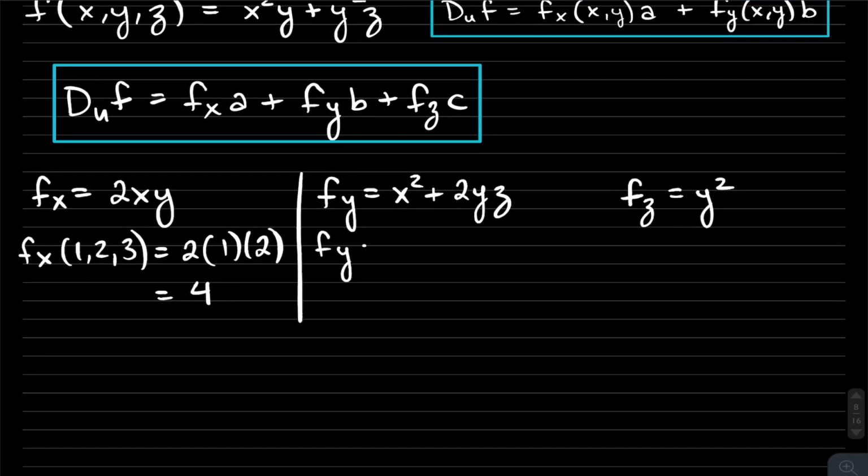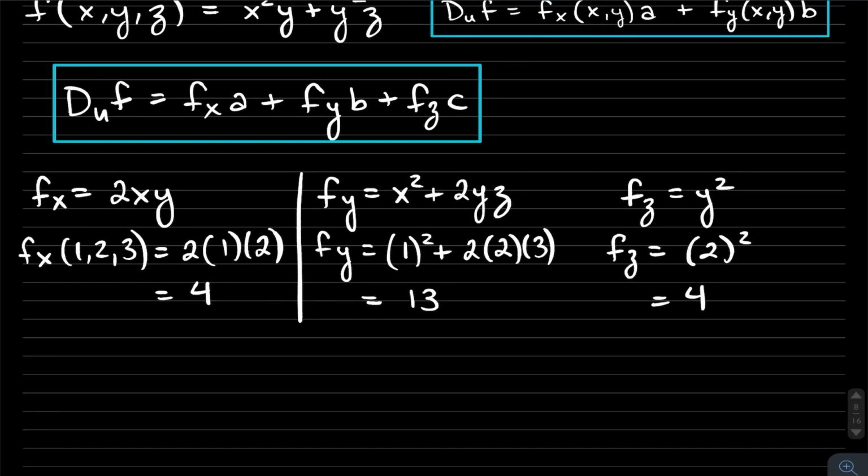Then we do our partial derivative with respect to y. We get 1 squared plus 2 times 3. This piece right here, 4 times 3 is 12, and so we get 13 here. And then we have partial with respect to z, which is y squared, that's 2 squared, and that equals 4.